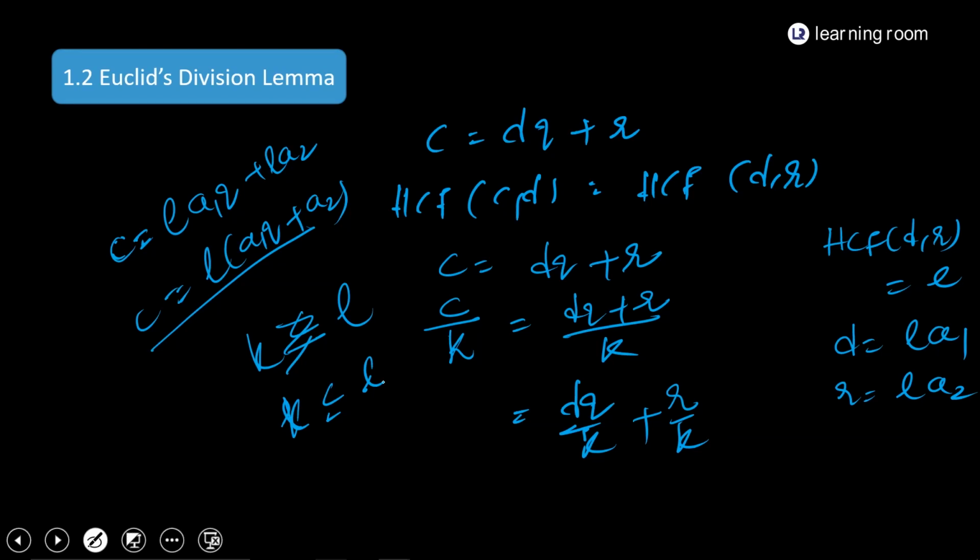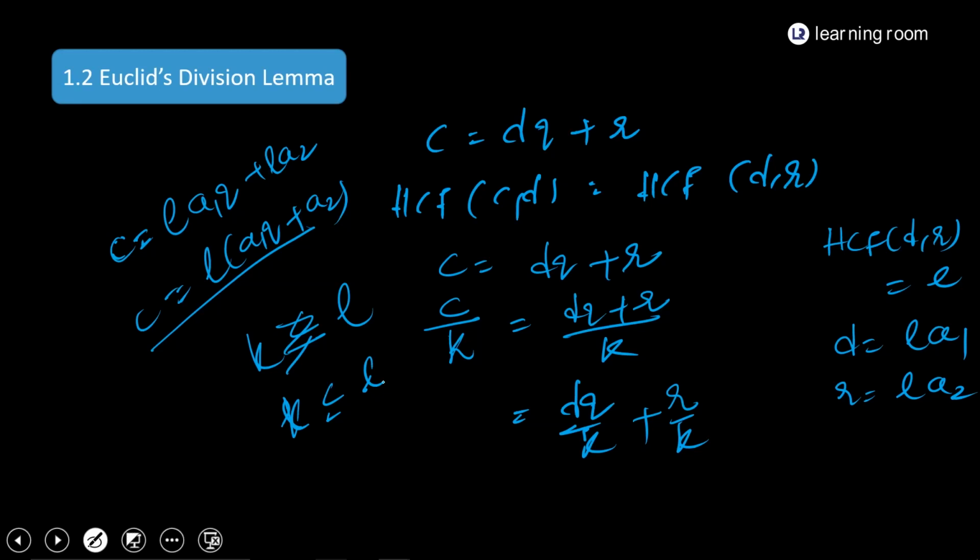R varies from 0 to D, right? It varies from 0 to D. So whatever it is here, it varies from 0 to D, right?